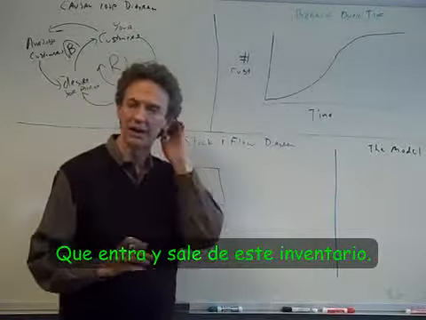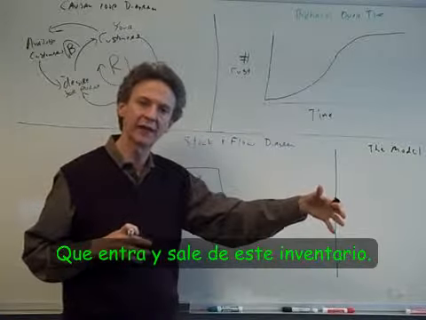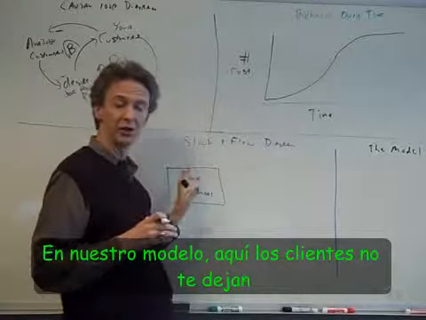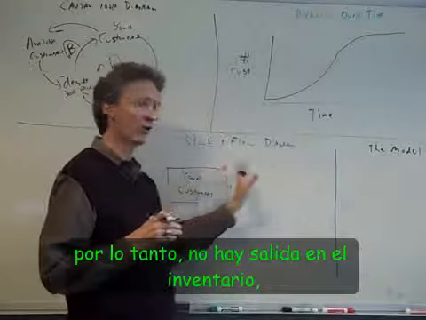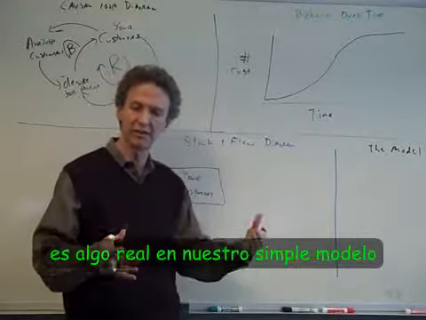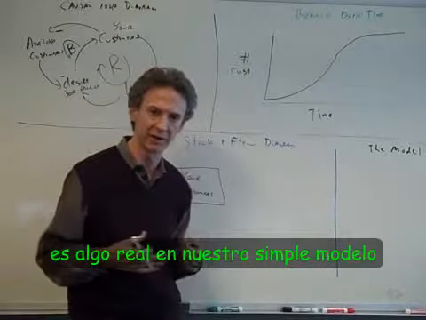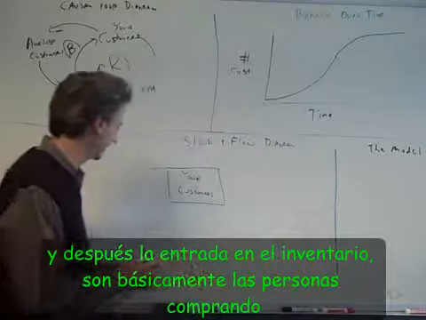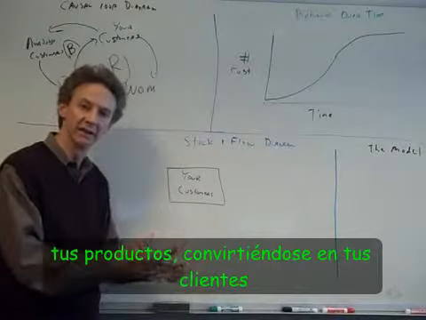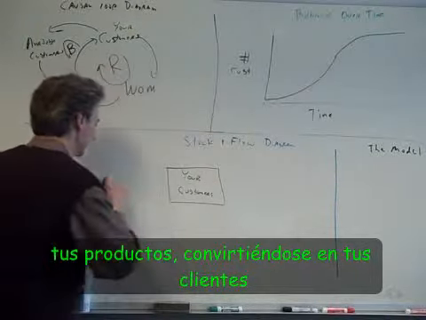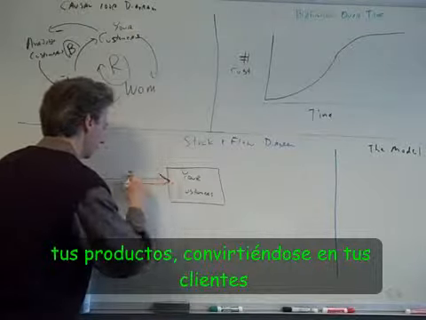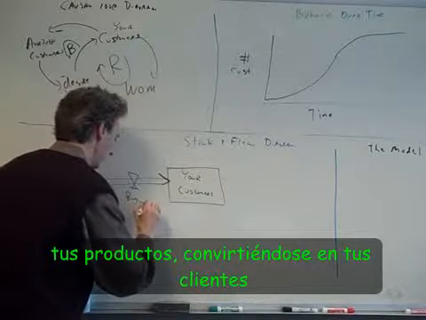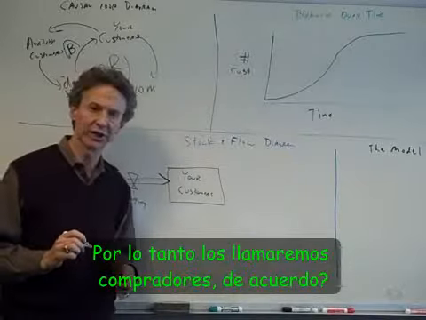Okay? Now let's talk about the flows in and out of that stock. In our model here, no customers leave you. So there's no flow out of the stock, which isn't realistic, but we'll do it for our simplified model. And then the flow into the stock is basically what? It's people buying your product, becoming your customer. So we will call that buying, okay?